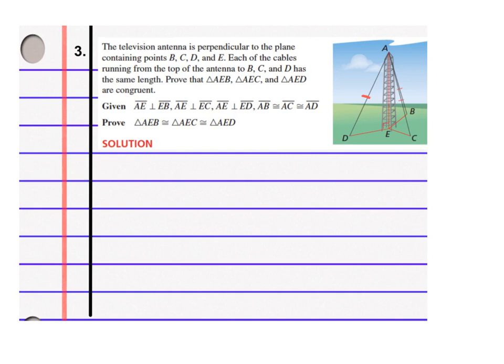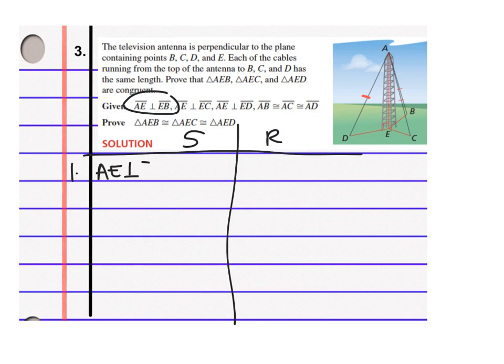All right, so let me set up my statements and reasons. So I'm going to start with all this stuff that was given. AE is perpendicular to EB. AE is perpendicular to EC.